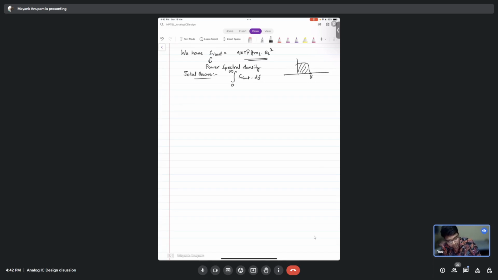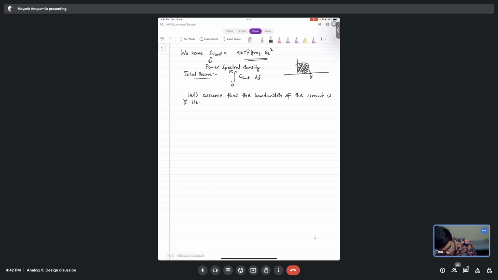So basically it is the bandwidth of the circuit which matters. So let's assume that the bandwidth of the circuit is some B hertz.